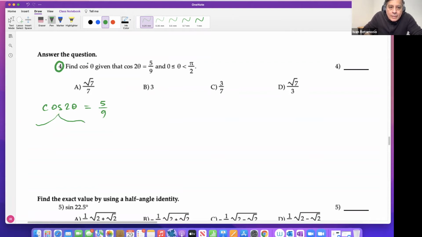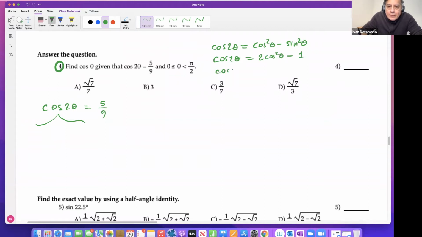I'm looking for cosine. So we have three formulas. Remember, for cosine of 2 theta, we have cosine square of theta minus sine square of theta. We have 2 cosine square of theta minus 1.